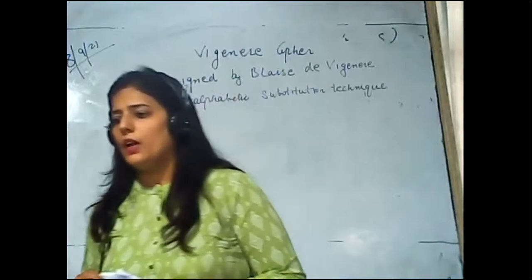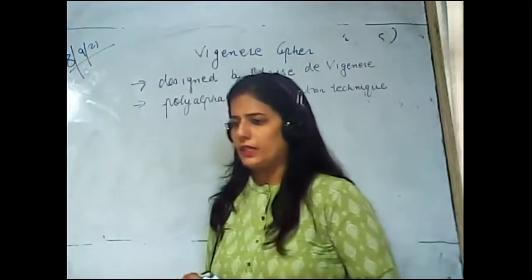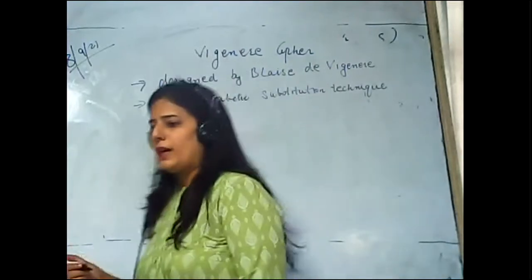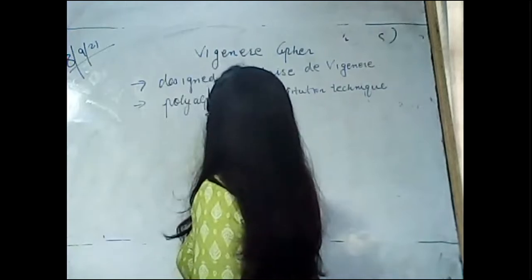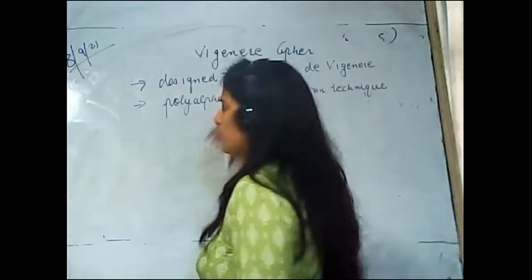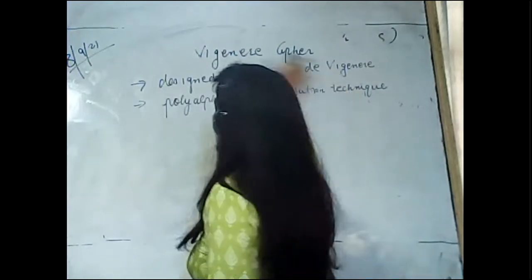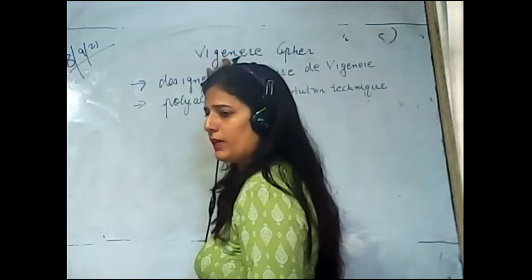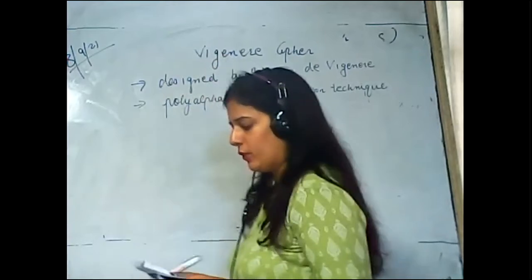It is a polyalphabetic substitution technique. It was designed by a person whose name was Blaise de Vigenere, and according to his name, we call this the Vigenere cipher algorithm.